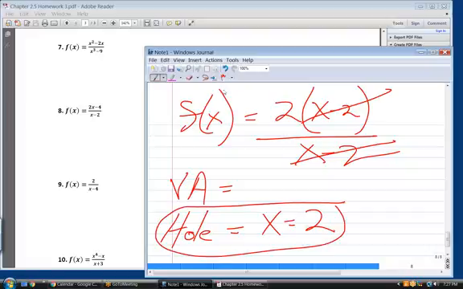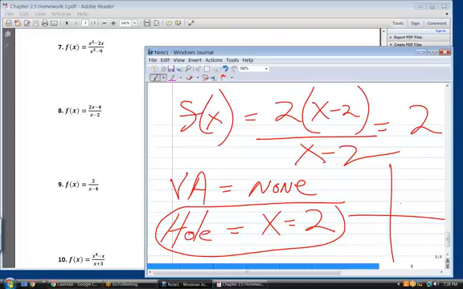Because it's still a domain restriction. My domain is still all reals except x equal 2. Just because this thing turns into 2 doesn't eliminate that domain restriction. So I have no vertical asymptote, but I have a hole at x equal 2.